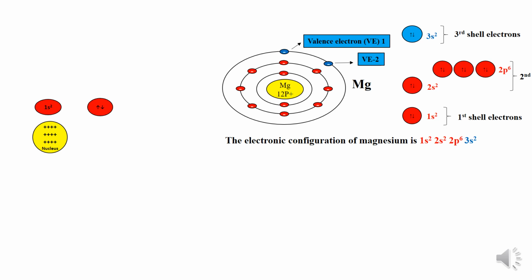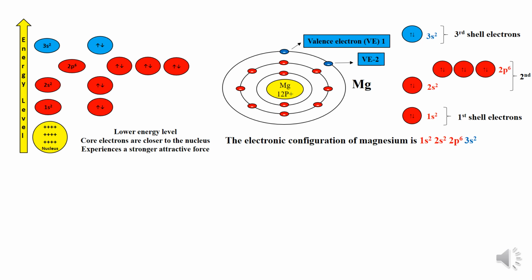The electrons in the 1s orbital that are closer to the nucleus will experience a strong attractive force as compared to other orbitals which are at a higher energy level. So electrons in the orbitals that are closer to the nucleus will be difficult to remove because of the penetration effect as compared to the valence electrons that are present in orbitals at a higher energy level.